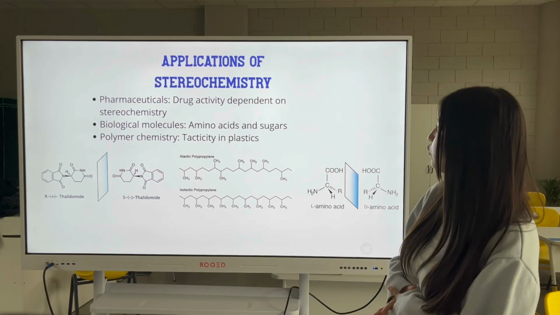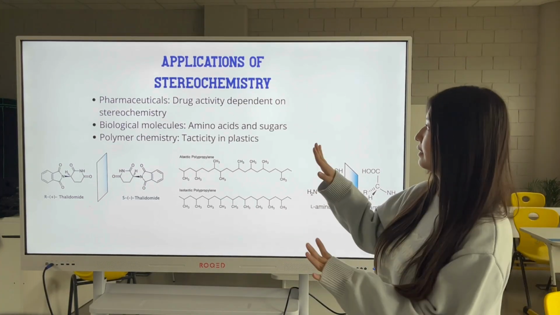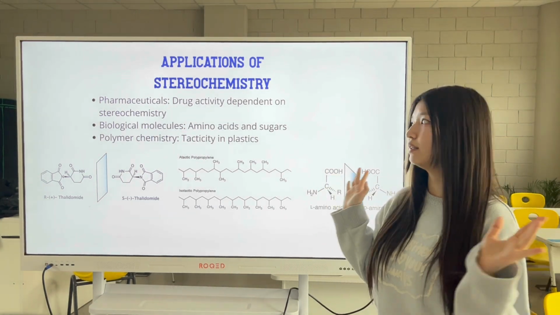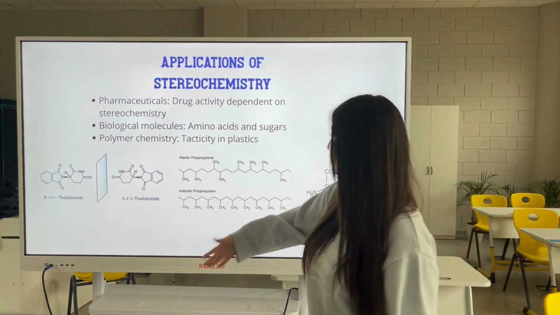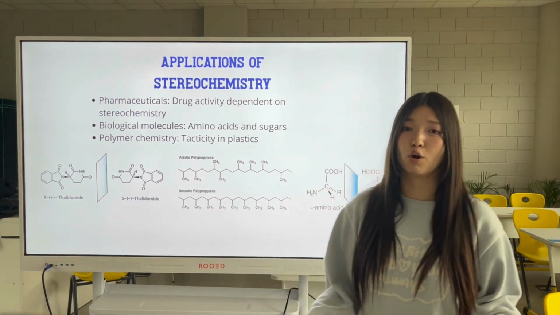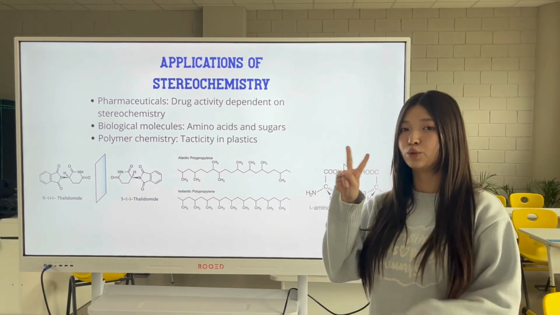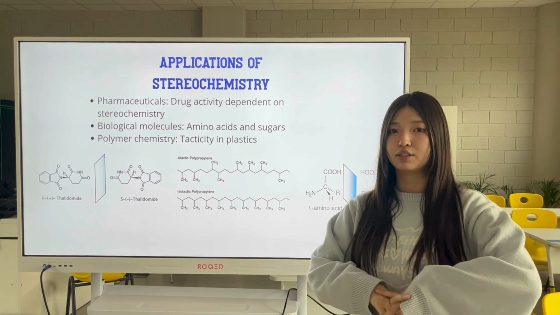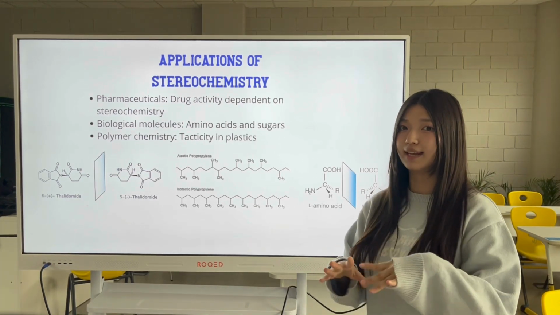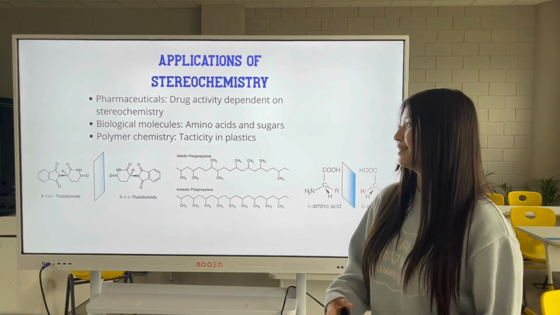Next are applications of stereochemistry. First, let's talk about the pharmaceutical one. Let's take, for example, thalidomide. The problem with this molecule is that it is made up of two mirror image molecules, enantiomers.